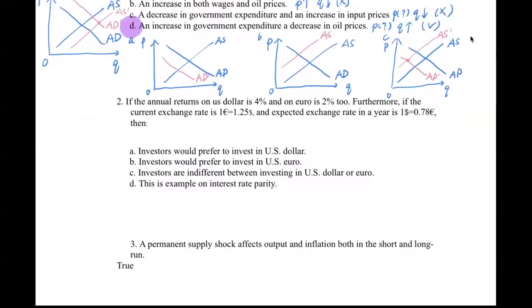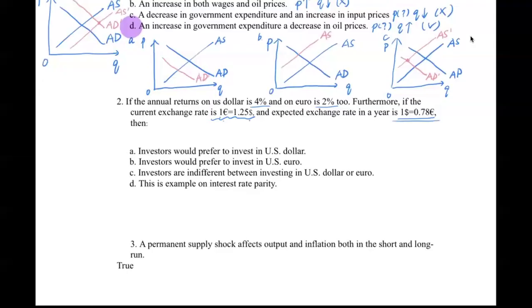Actually, this one is a little bit tricky, because now you know the annual return of the US dollar and the euro, and you see that the current exchange rate is 1 euro to $1.25, and the expected exchange rate changes direction.